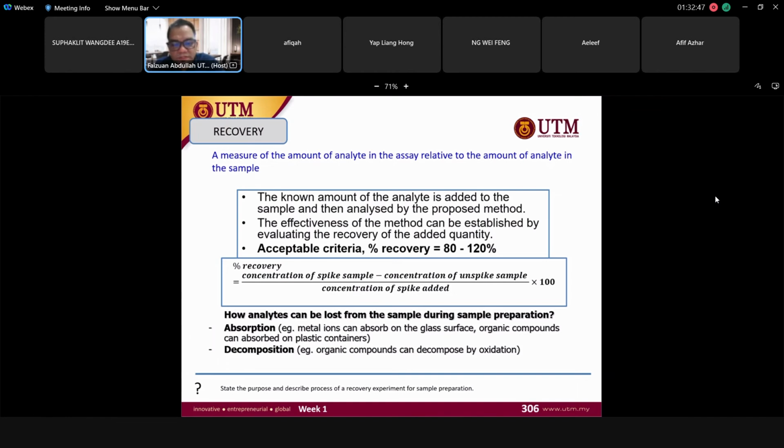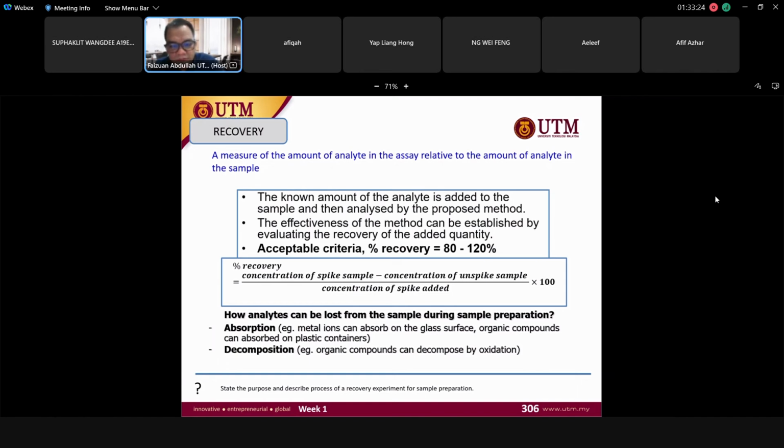But after you do all the sample preparation process, you have lost some of the analyte. For example, the reading now is not 1 ppm but 0.8 ppm, or it is higher than the known concentration, for example 1.2 ppm. But the acceptable criterion is between 80 to 120%, meaning that losing 20% or adding 20% more is acceptable. But out of this range, the method is not suitable.